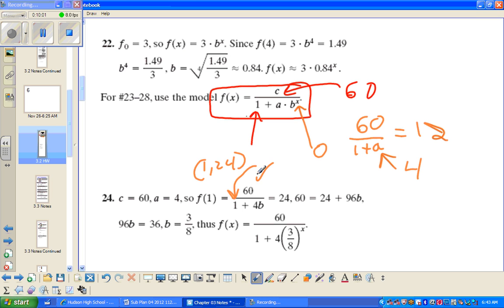So we plug in a 1, we plug in the 60 we already knew, plug in the 4 we already knew, we plug in the y value of 24, and now we just solve for b. And once you're done with that, you have your equation. And you do that same type of thing for 26 and 28.